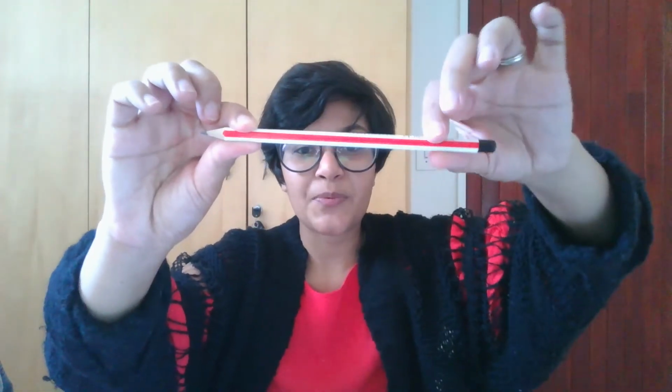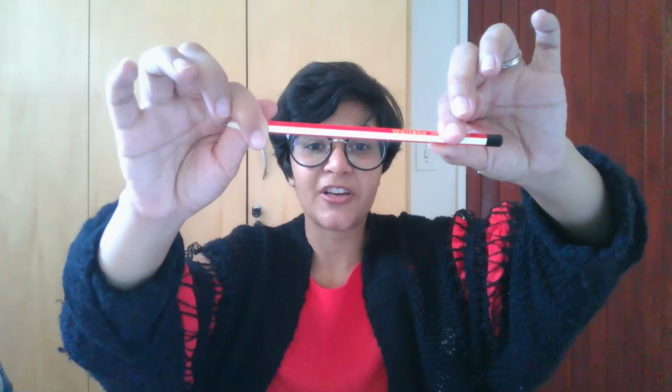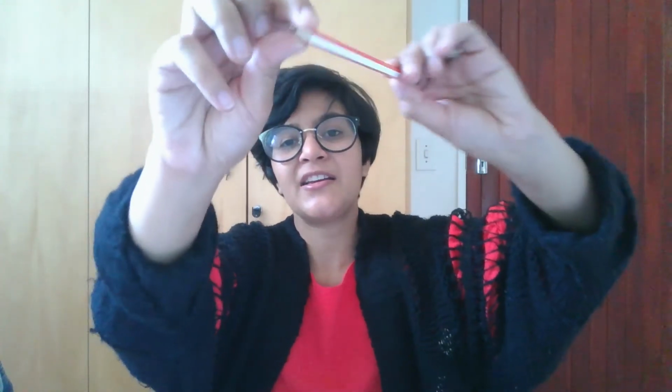We have parts over here. When we turn it, it even feels different on each side. This part here, the end of the pencil, looks different to this side, and this side is different as well.